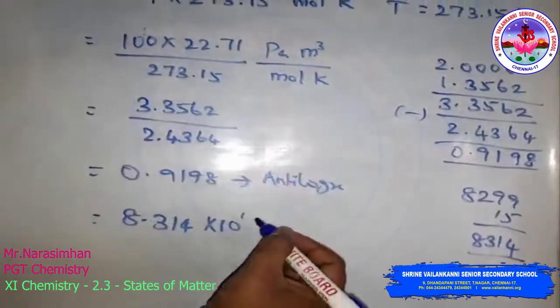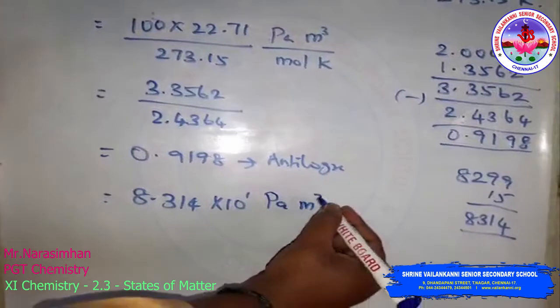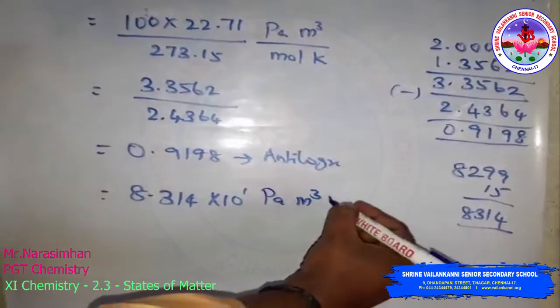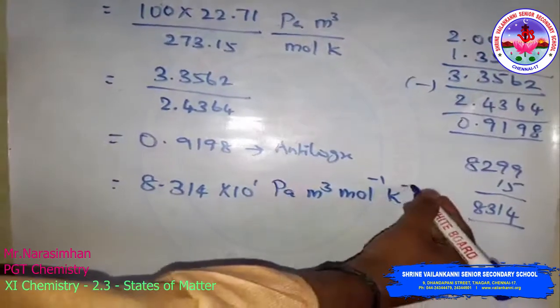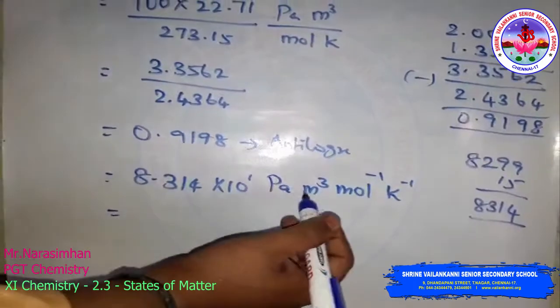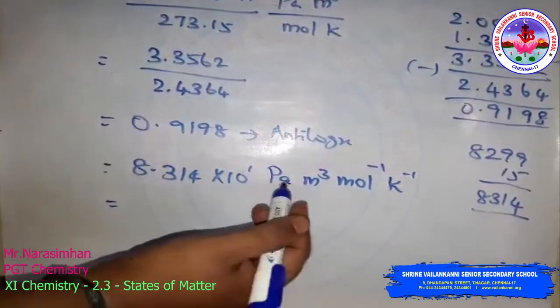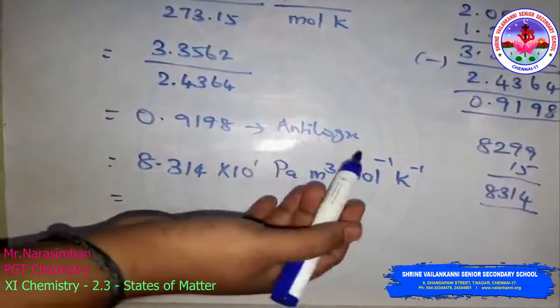The remaining unit you have to write Pascal, meter cube, and the mole become mole inverse, Kelvin become Kelvin inverse. Then the conversion of the unit, the Pascal, meter cube, everything you have to convert. So the conversion of that meter cube, that is 1 liter is equal to 1000 centimeter cube.